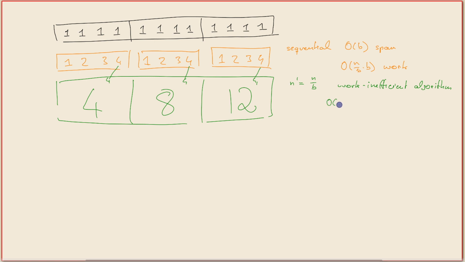So we have log n prime span and n prime log n prime work. Now if you insert what we know about b, which is log n. So I could have maybe simplified this here earlier. If we have n divided b times b, that's of course just n.